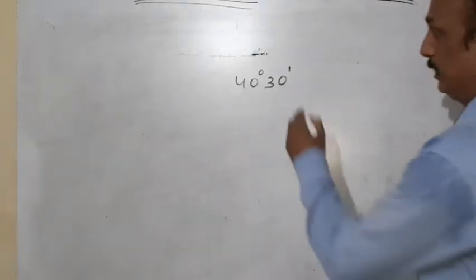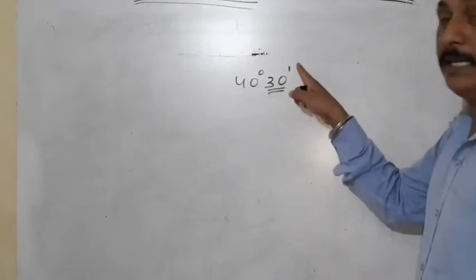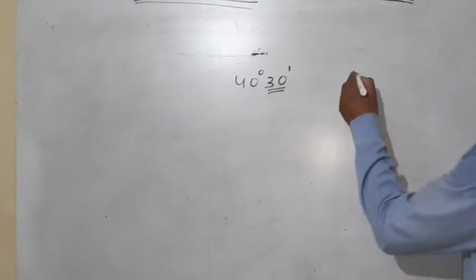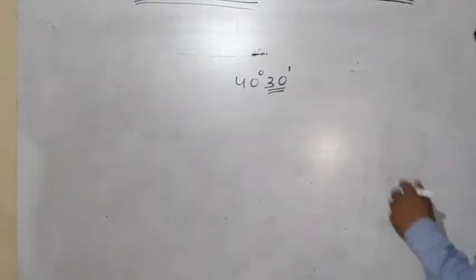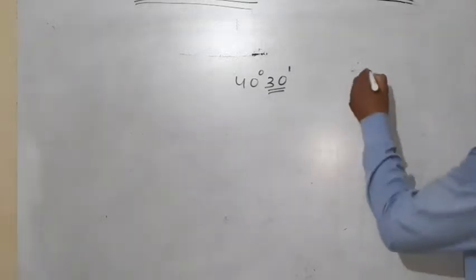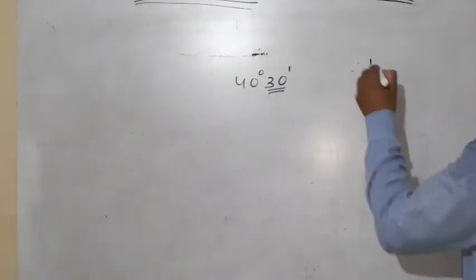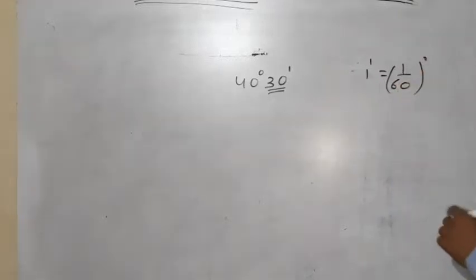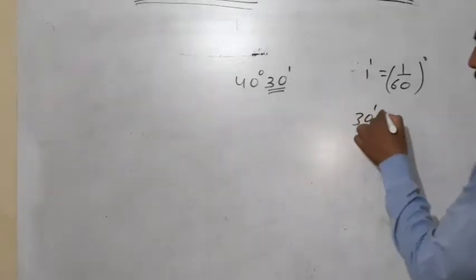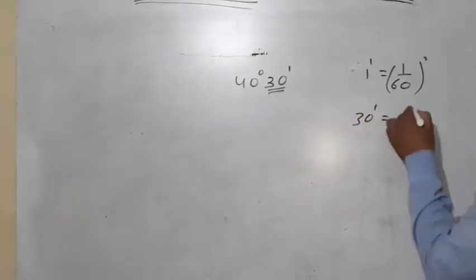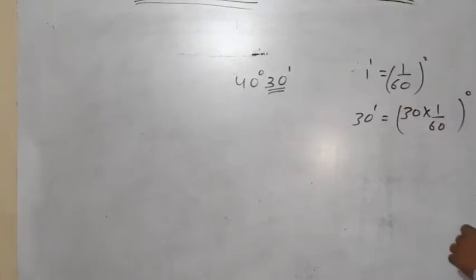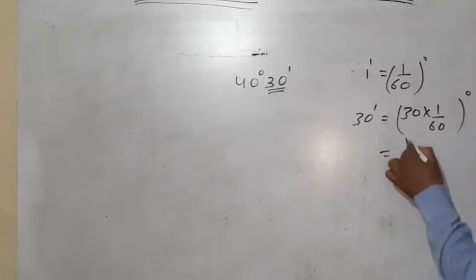Yes, we all know that this minute can be converted in degree form, like we all know that 1 minute is equal to 1 by 60 degree. Okay, so 30 minute is equal to 30 into 1 by 60 degree. Okay, so it is 1 by 2 degree.